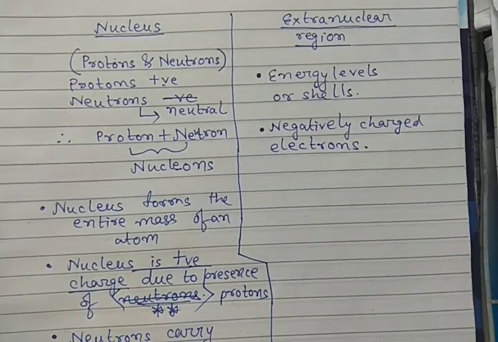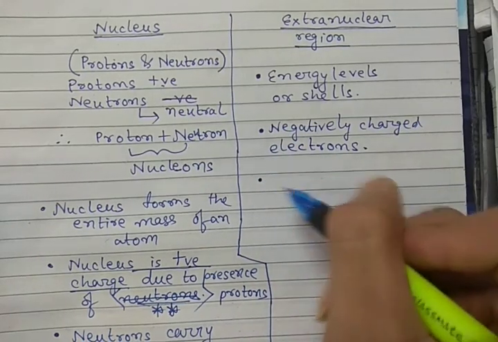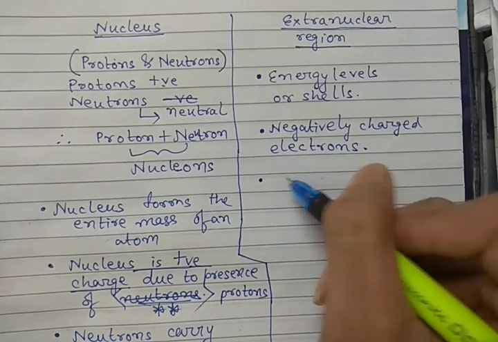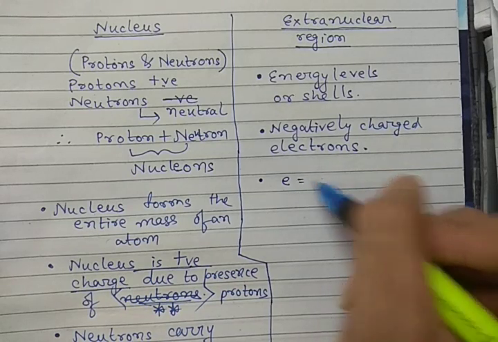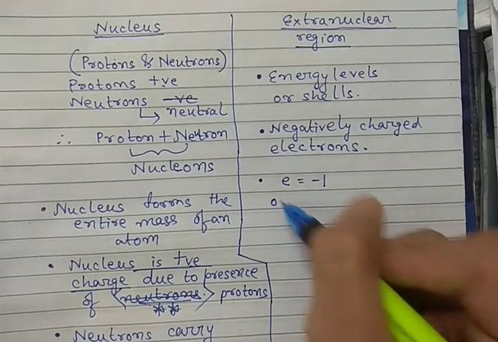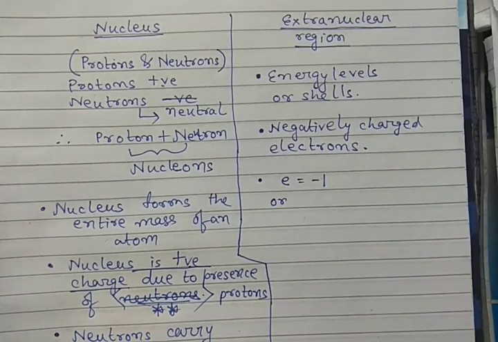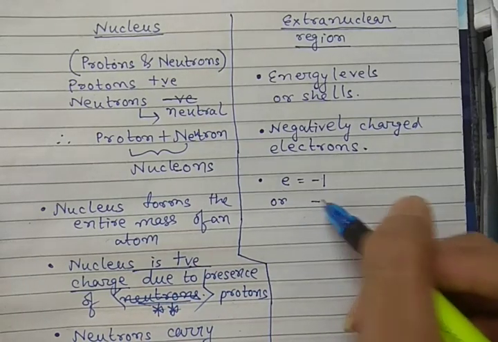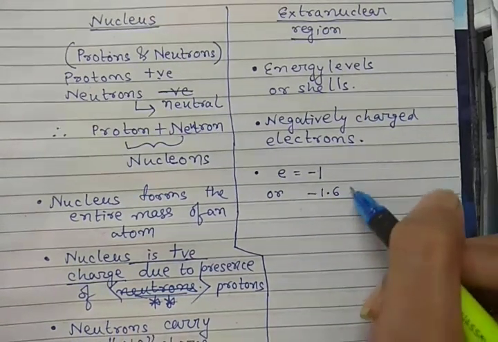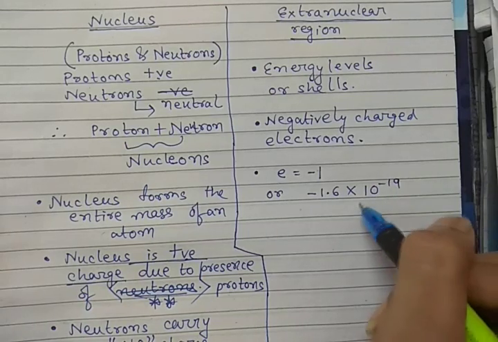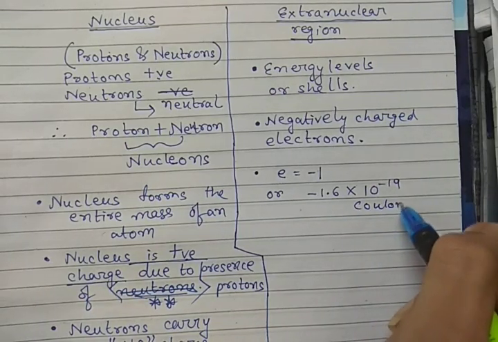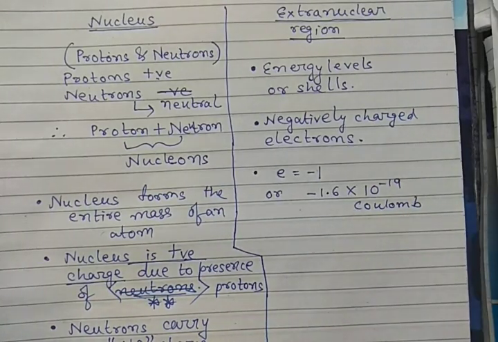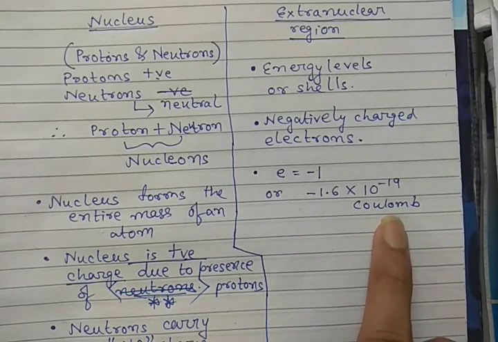Clear? And the charge of an electron is -1. Electron charge can be written as -1. Or if you want to write it in coulombs, you can write it as minus 1.6 into 10 to the power minus 19 coulomb. Okay, coulomb is the SI unit of charge. Remember, coulomb is the SI unit of electric charge.